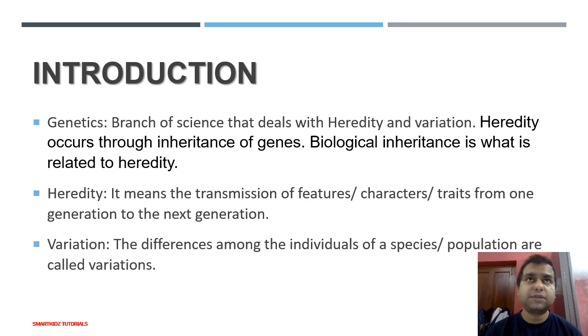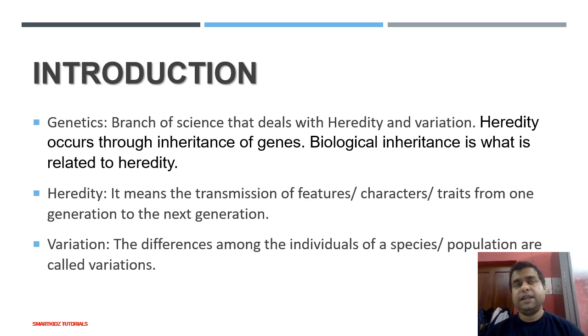If both the mother and father have black eyes, then obviously I'm going to have black eyes. But if father has black eyes, mother has brown eyes, and I have black eyes, which means I have got it from my father. That is heredity: transmission of features, characteristics or traits, as we call them, from the parent to the offspring.